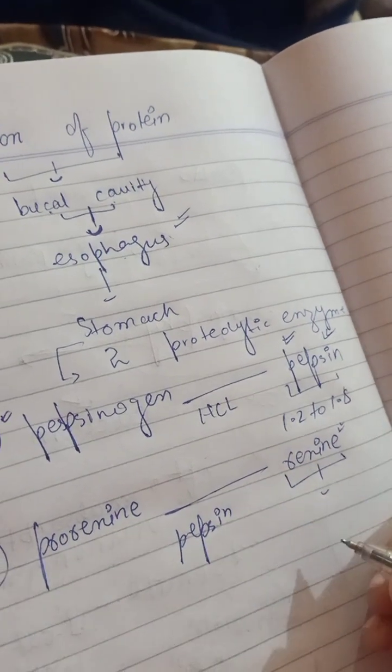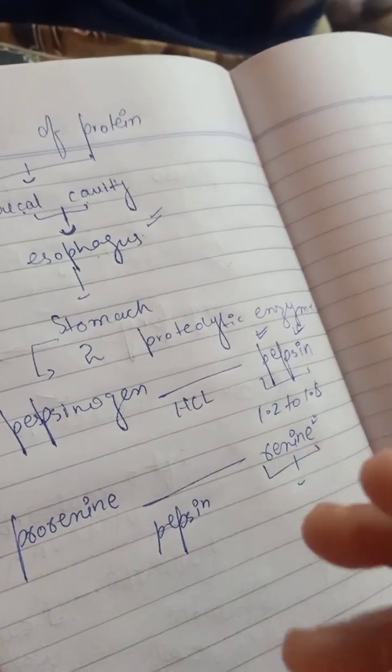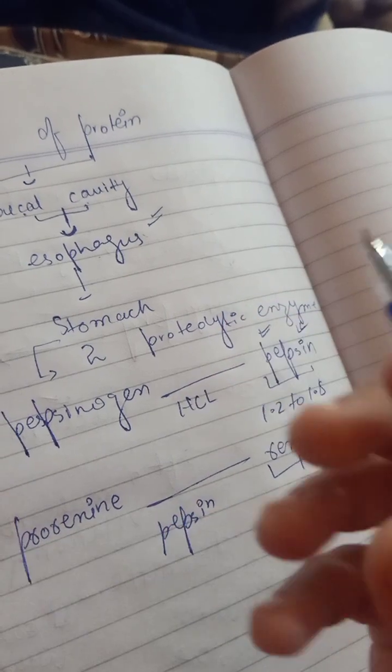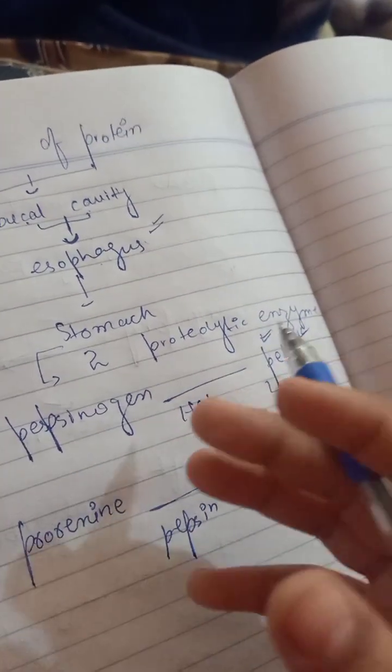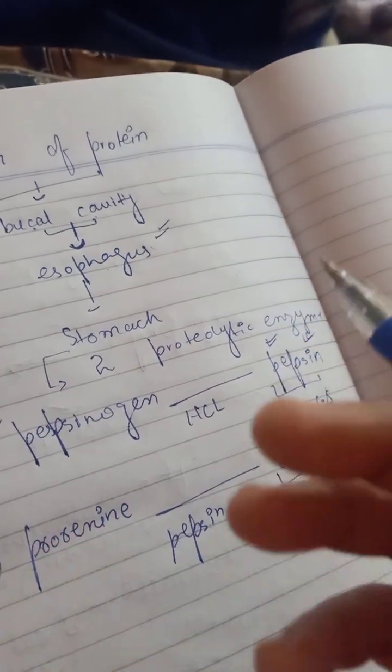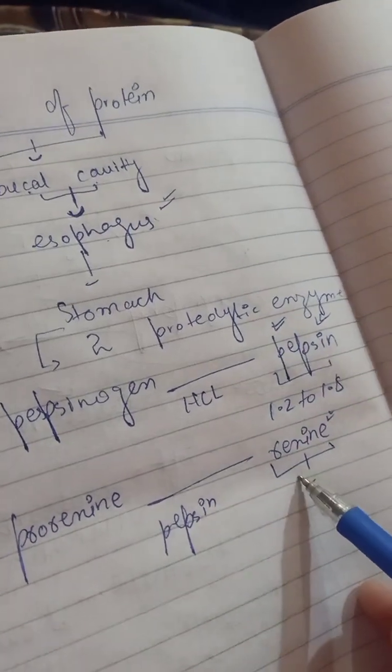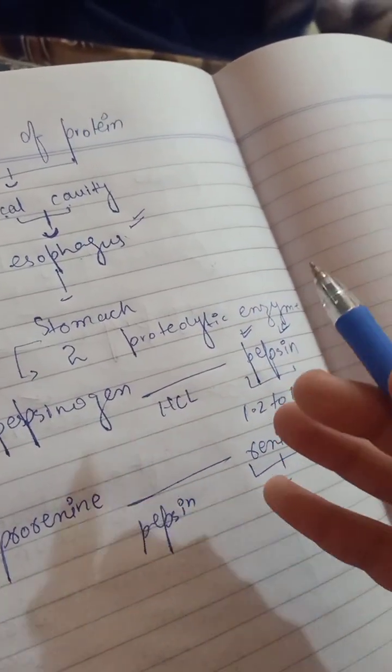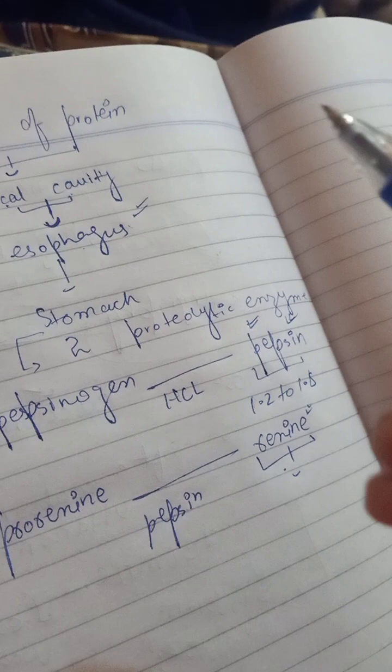Now if you're talking about renin, renin is mostly present in children, not in adults. They are present in infants. But in our body renin is there, in low concentration.